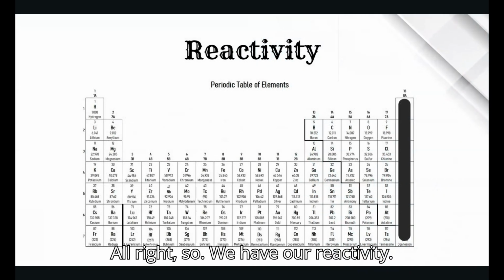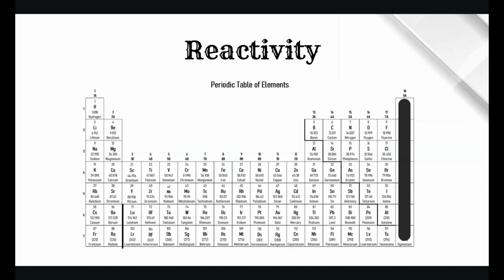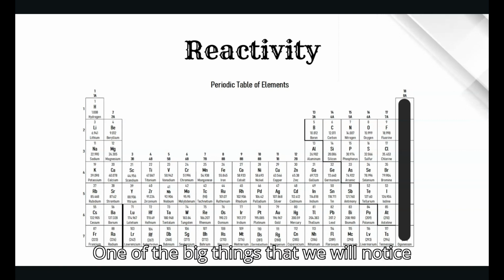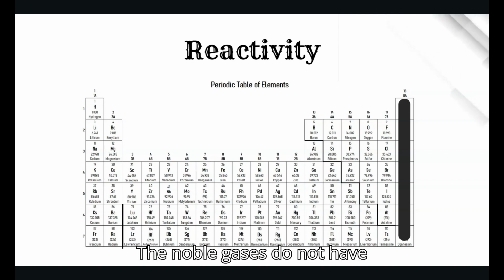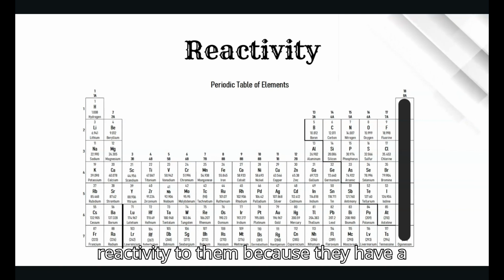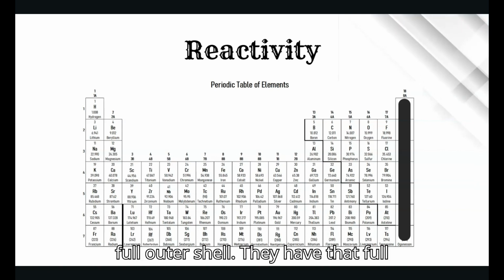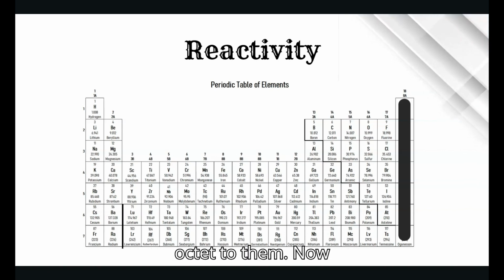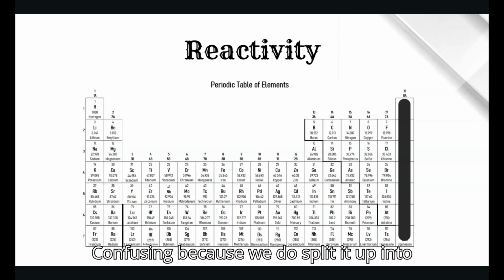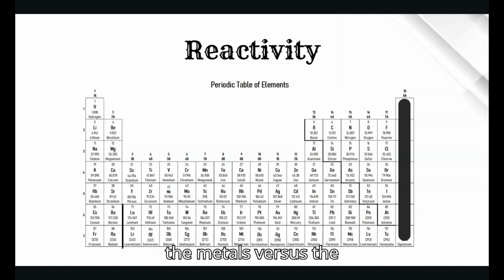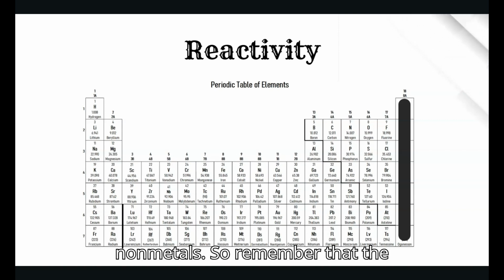All right, so we have our reactivity. One of the big things that we will notice with this is the noble gases. The noble gases do not have reactivity because they have a full outer shell, that full octet. Now, the reactivity trend is kind of confusing because we split it up into metals versus non-metals.